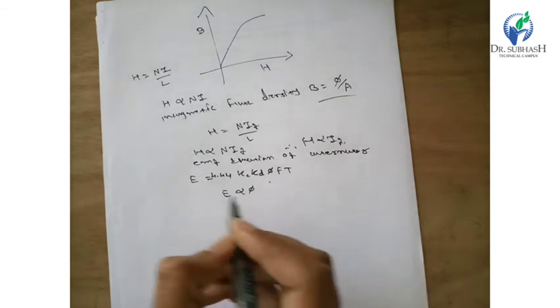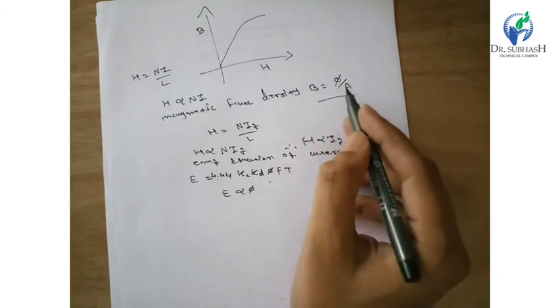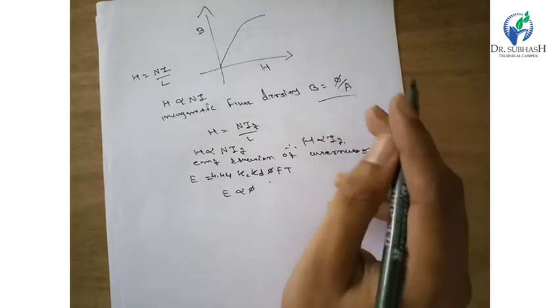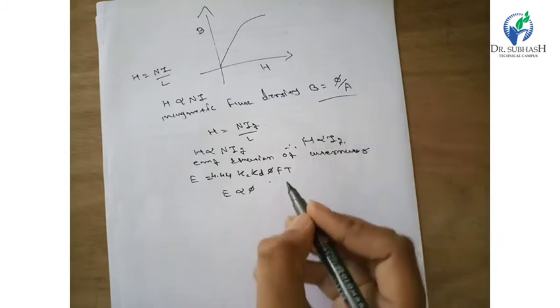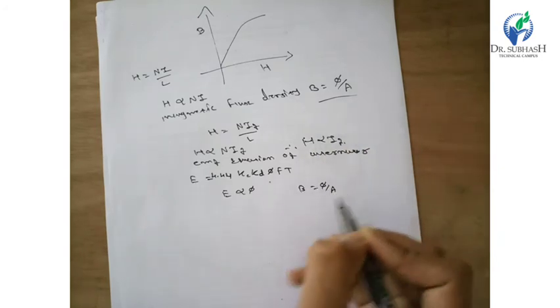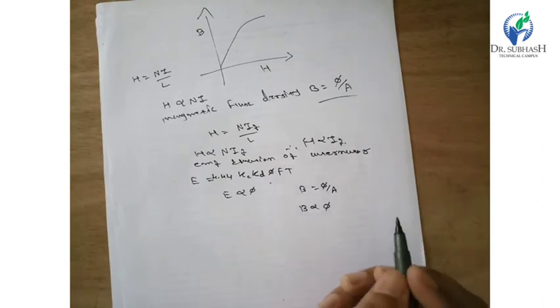For the flux density, we have B is equal to phi upon A. The armature core area A is constant, so B is directly proportional to phi.